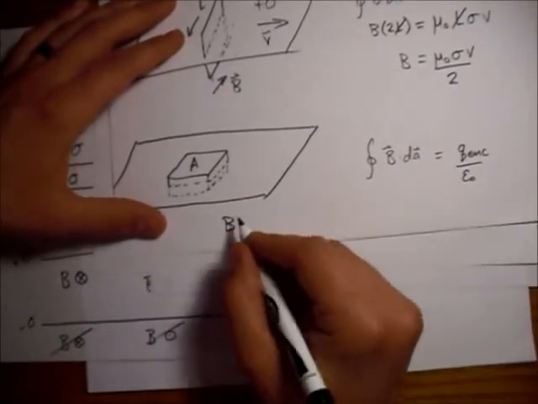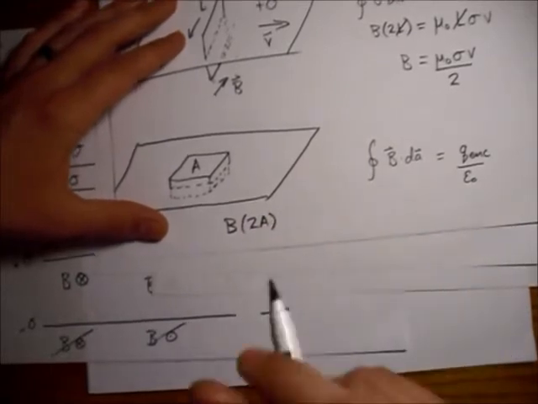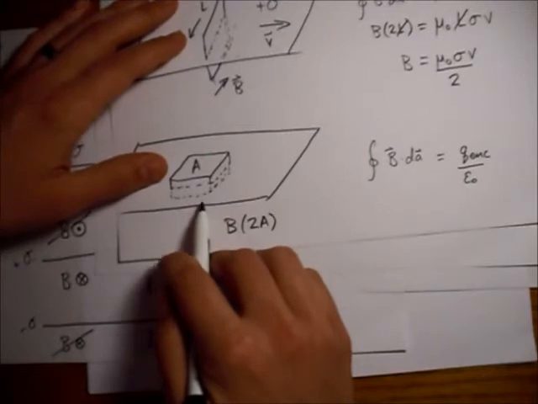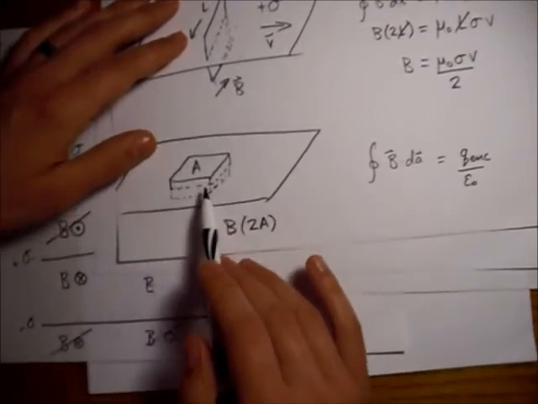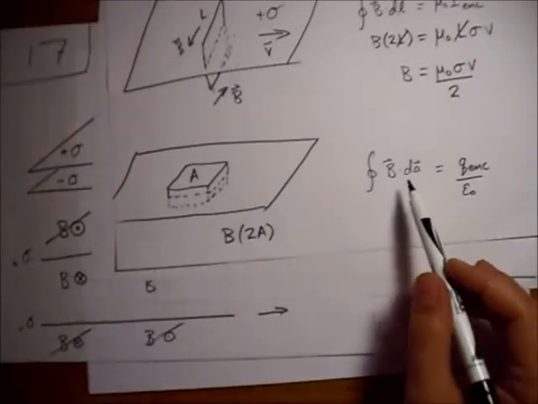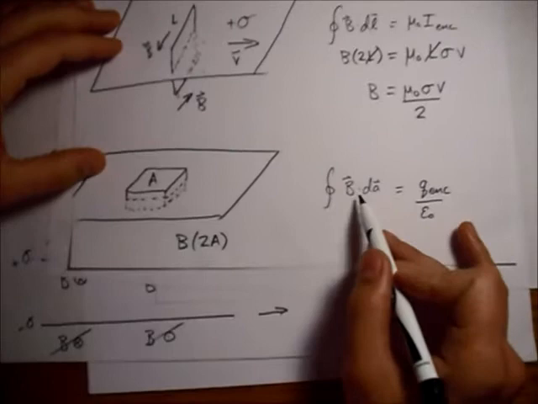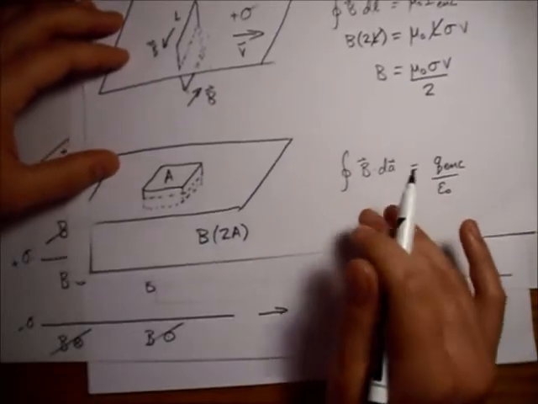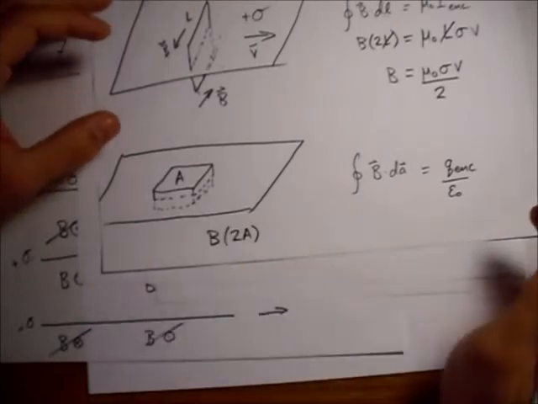This integral here, we have b, and then we have 2a, right? Again, the top and the bottom are going to contribute, but the sides are not because of this dot product. These two things are orthogonal for the sides. And let's see.